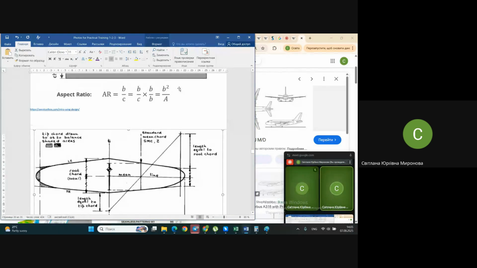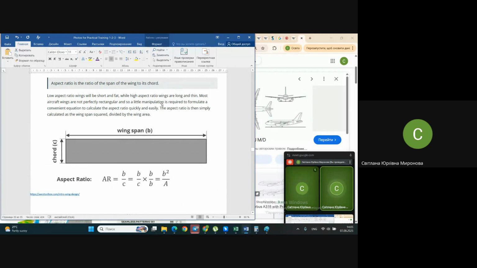Where it's a straight wing, the aspect ratio uses the same value of chord, it's quite clear. When it's a swept wing, people usually use this mean chord, as the ratio between span and mean chord that we have constructed together.